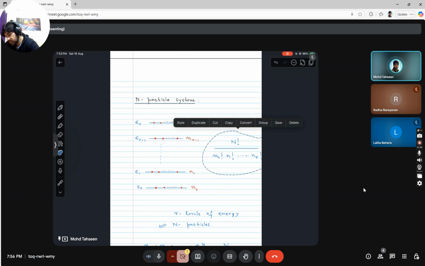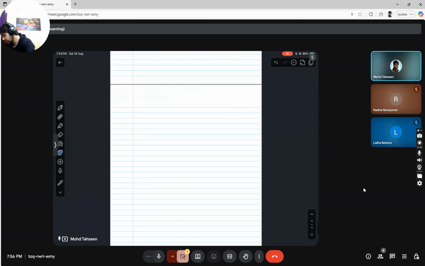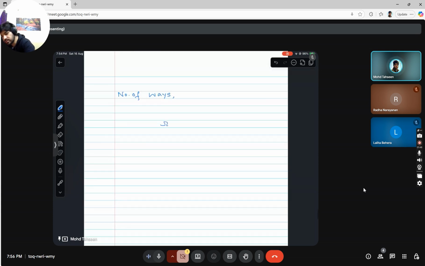So let's write this properly. For the n particle system, the number of ways, which I will call omega, is equal to n factorial divided by n0 factorial, n1 factorial, so on up to nr factorial.